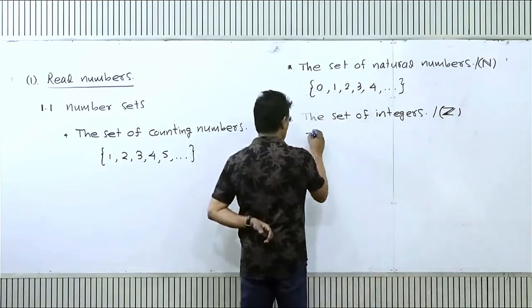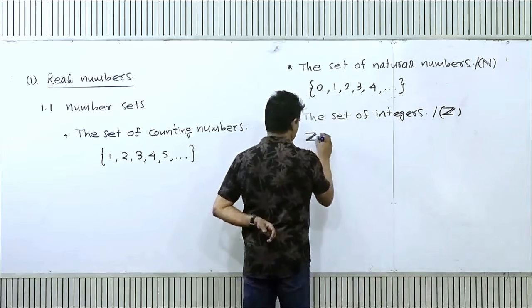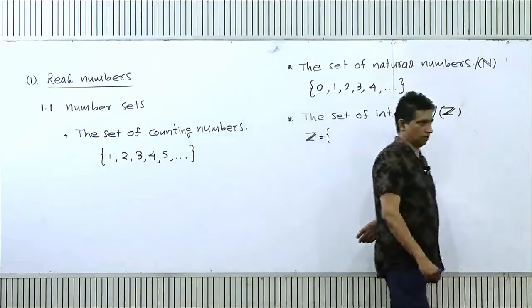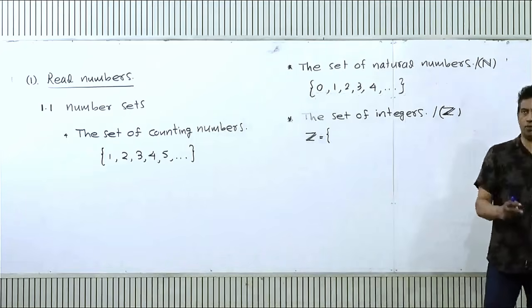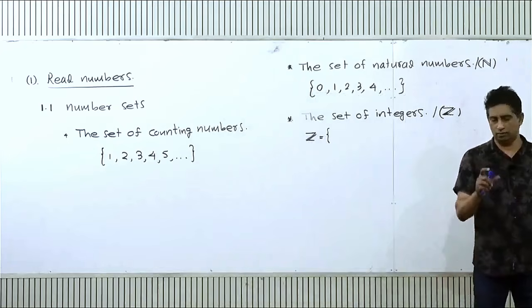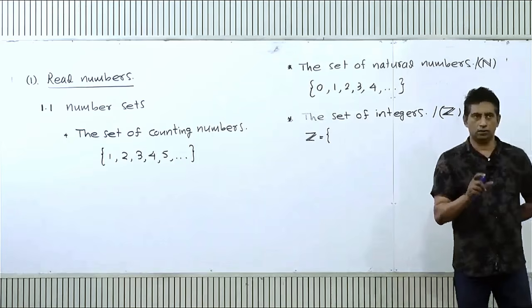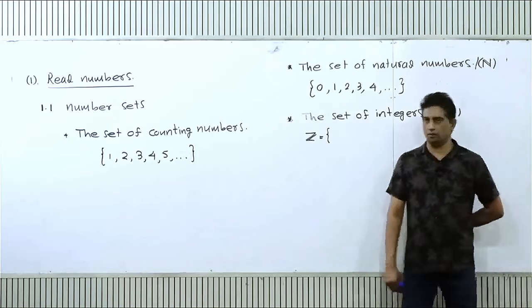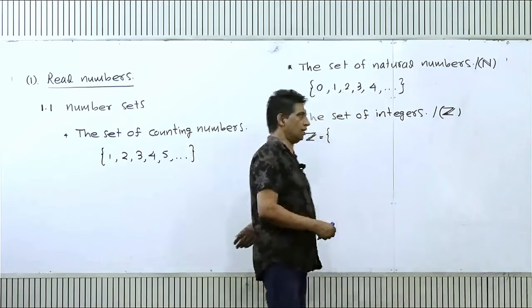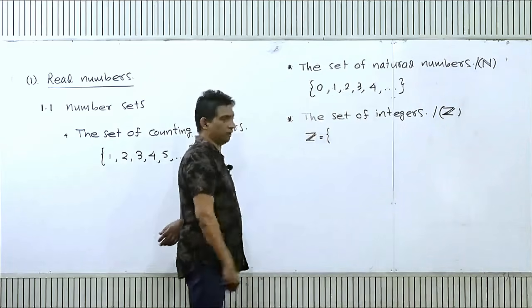Then set of integers means the set of negative and positive whole numbers and 0. By using these numbers, if we create a set, it is called the set of integers, right?